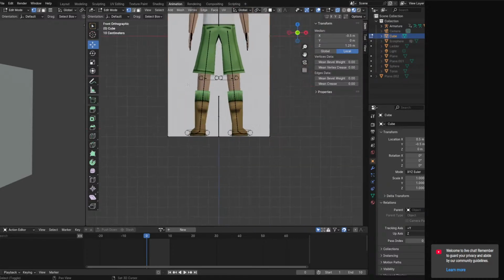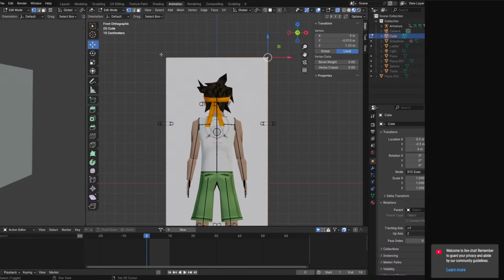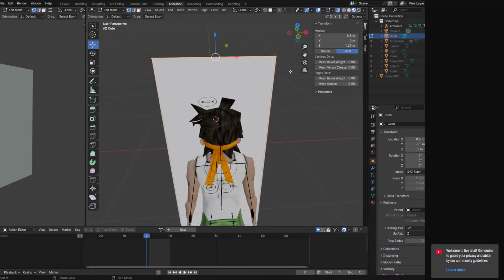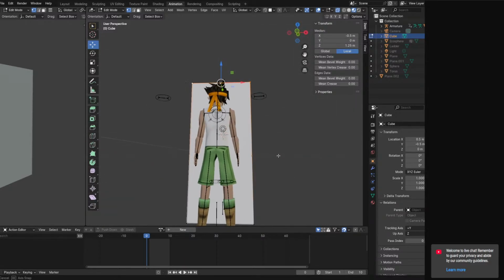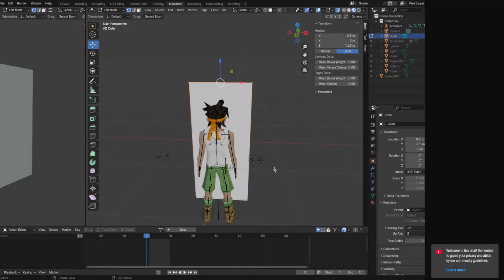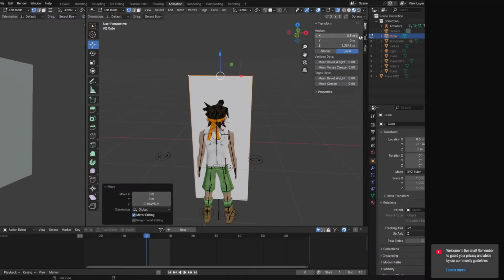Okay, so it should be about 2.25 meters tall. Let's make it 2.5.